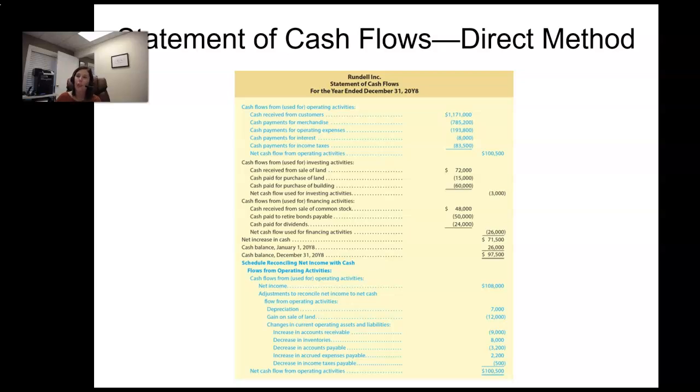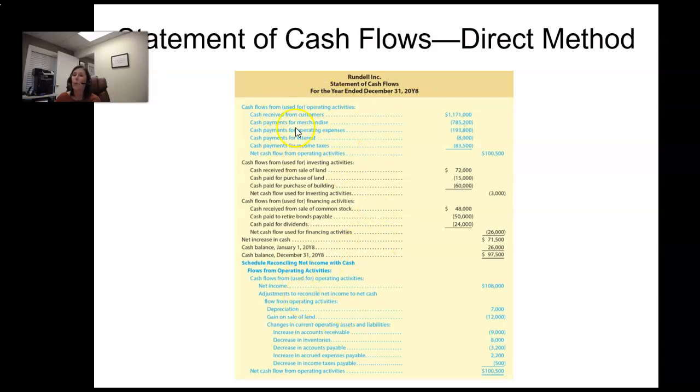The different thing that we need to do now, though, with the direct method that we did not have to do with the indirect method, is we need to do a reconciliation now. Basically this is going to look like your indirect method. So we need to show at the bottom here, and if you use the direct method, this reconciliation is actually required.